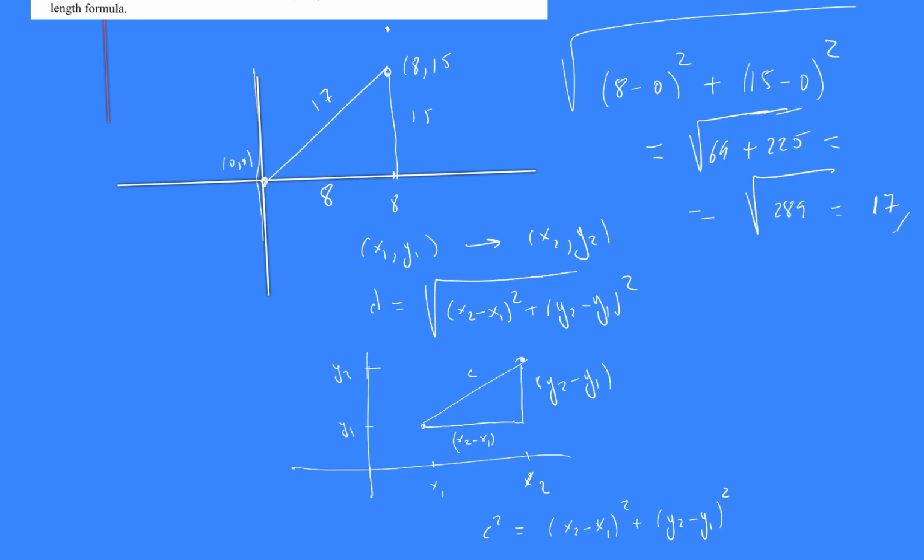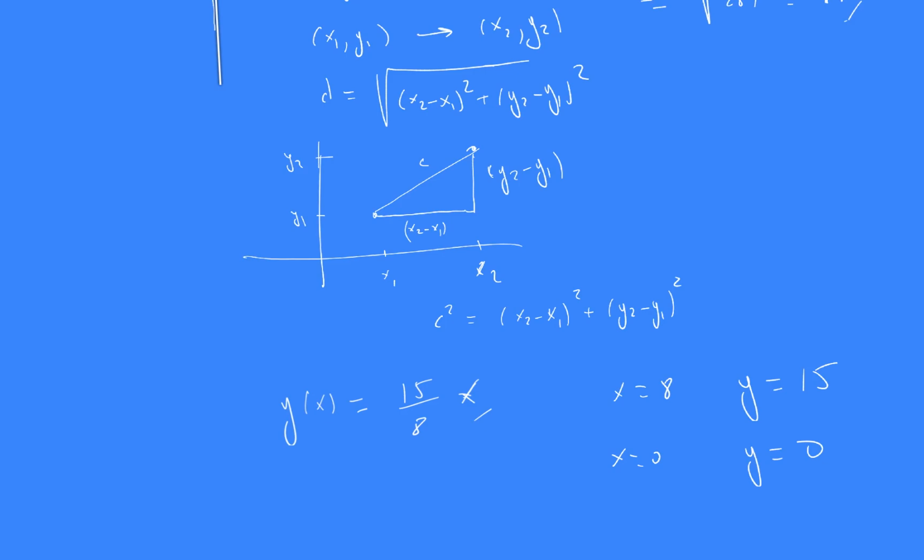What is this equation? This is the function y of x whose slope is 15 divided by 8, so y equals 15 over 8 x. When x is 8, y is 15. When x is 0, y is 0.